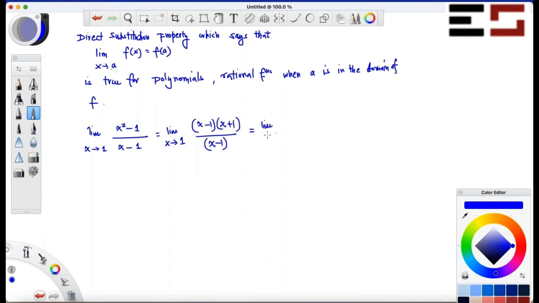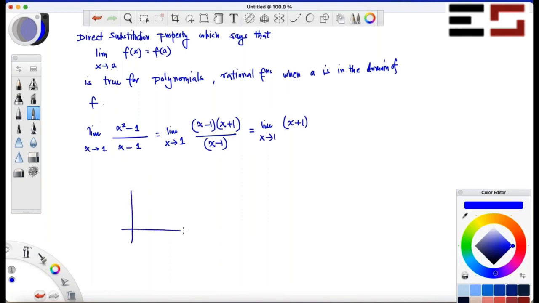So I'm going to get something like this. Is that fine? So what is the difference between this function and this function? Actually, they are the same everywhere except at 1.